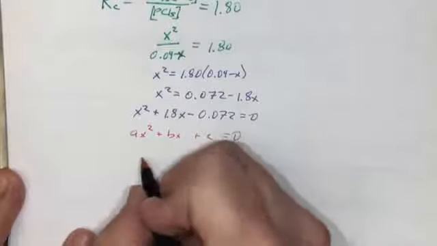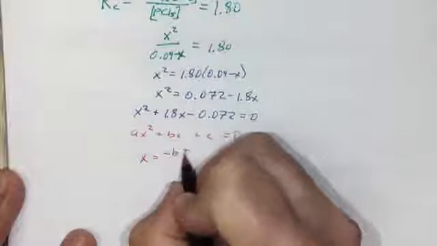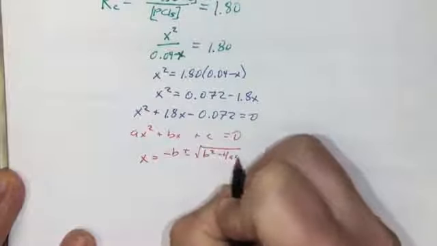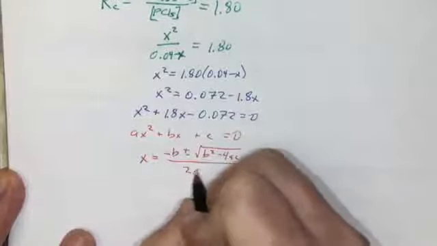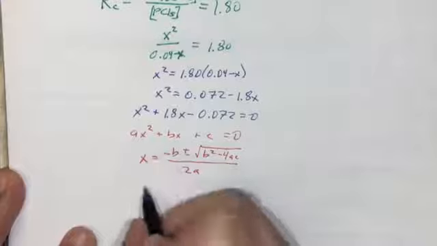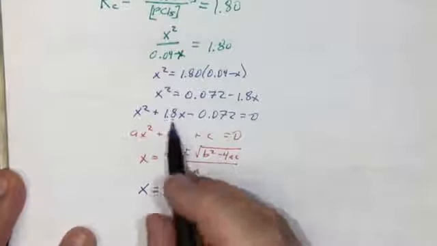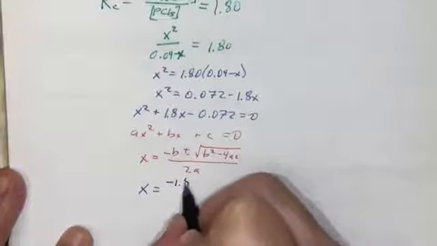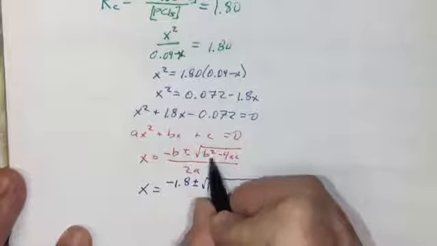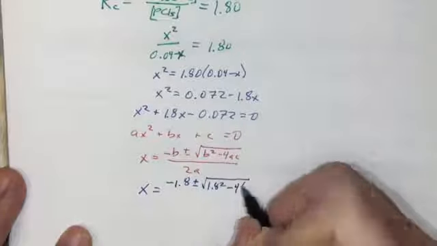The quadratic formula is that x is equal to negative b plus or minus the square root of b squared minus 4ac, all divided by 2a. So I'll plug these coefficients into this, and x is equal to negative b, and b is 1.8, so this is negative 1.8 plus or minus the square root of 1.8 squared, because that's what b is, minus 4 times a.